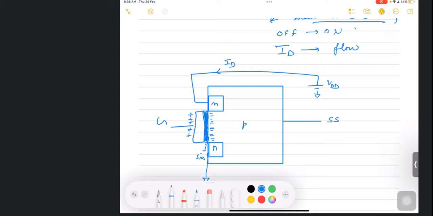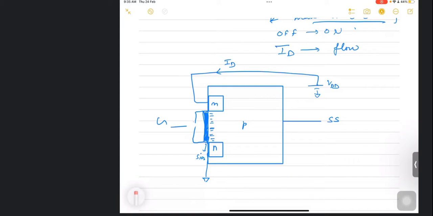If you have to turn it off, you just have to apply the negative potential here. And now we can turn it off, because negative is going to attract the holes towards this side. So this PN junction is becoming a problem here.